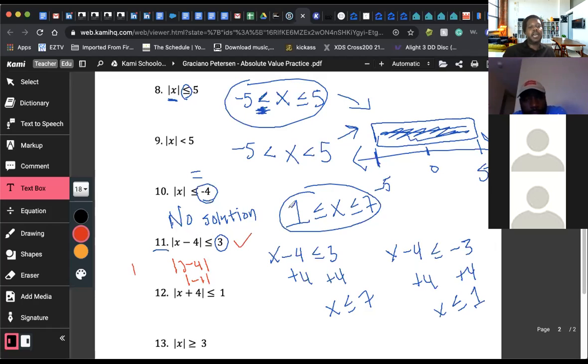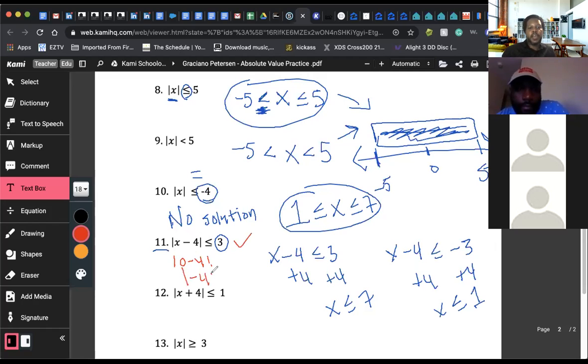Any number in this range is going to work. If we go outside of that range, it's not going to work, and I will show you that it won't work. So 0 is outside of that range. Let's put 0 in as one of our answers. So let's do 0 minus 4. 0 minus 4 is actually going to give me negative 4.